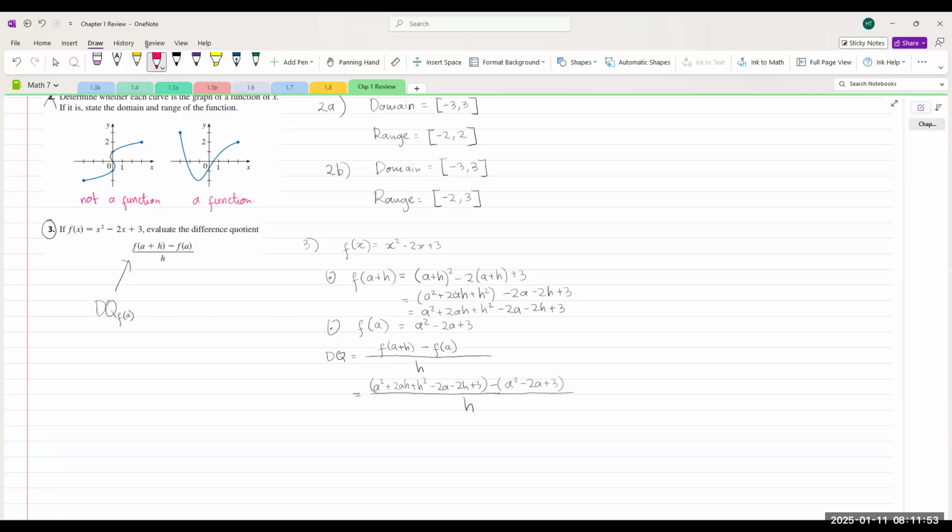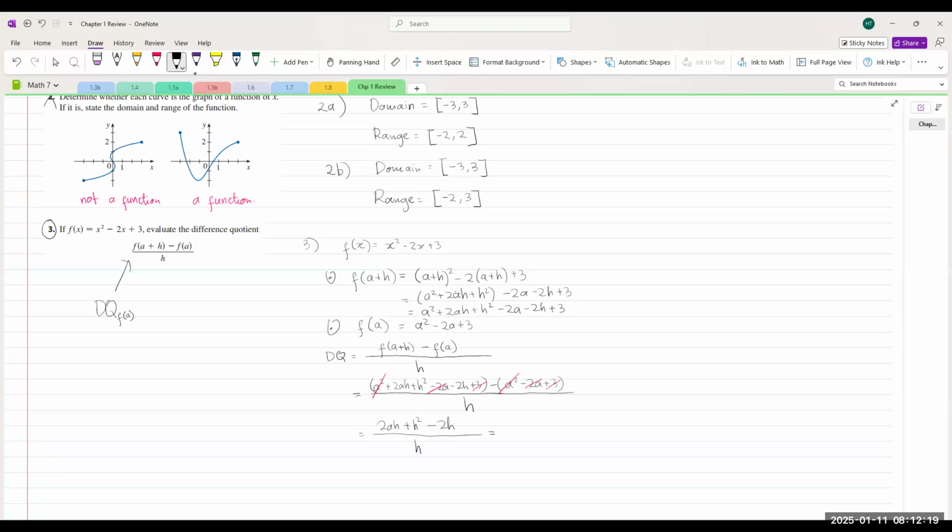And then from here we can do canceling. This will cancel, this will cancel this. So on the numerator we get 2ah plus h squared minus 2h over h.